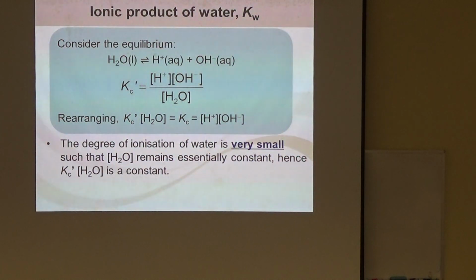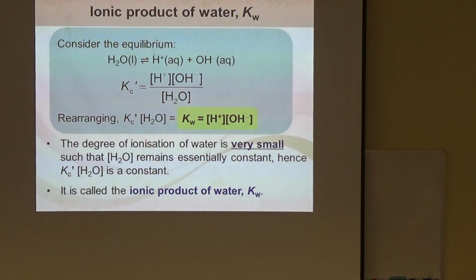The degree of ionization is very small, so the concentration of water remains essentially constant. Therefore, Kc prime times water is a constant. They give this a special name, Kw, which is the concentration of H plus times the concentration of OH minus. This is an important thing for you to remember.